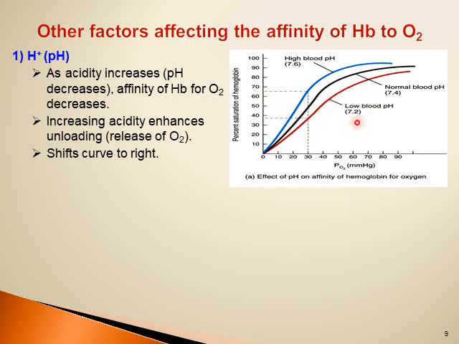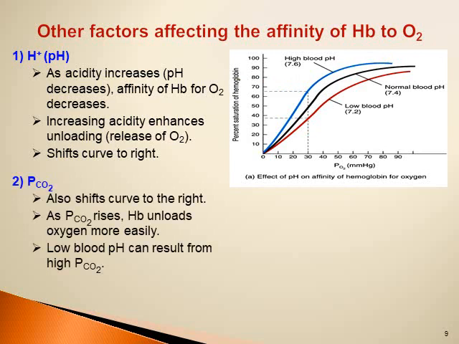So here we can see that at low pH, 7.2, which is less than the normal pH, the curve shifts to the right, which means that increasing acidity enhances the unloading or the release of oxygen from hemoglobin, because hemoglobin affinity for oxygen will decrease. So this will shift the curve to the right. Low acidity, which means high pH, will increase the affinity of hemoglobin for oxygen, so the curve will shift to the left.